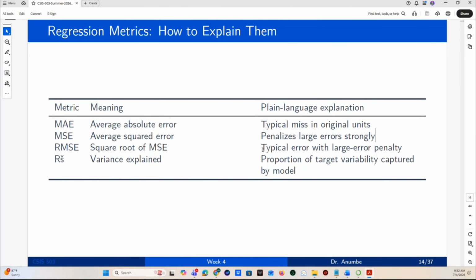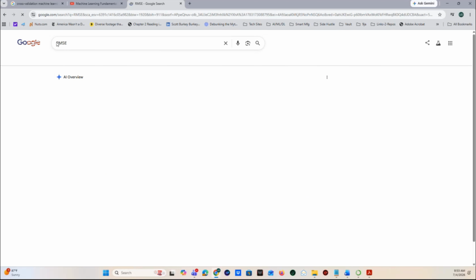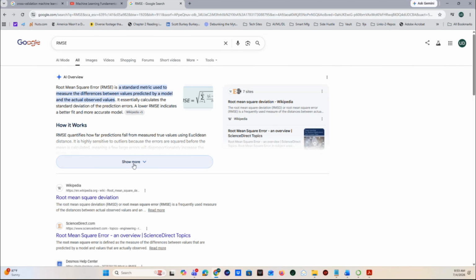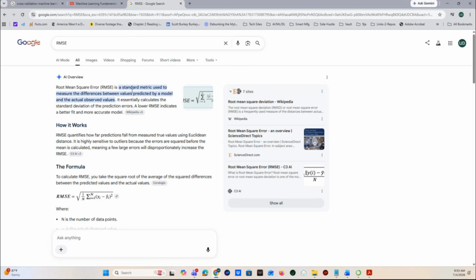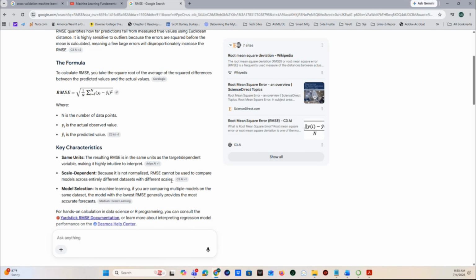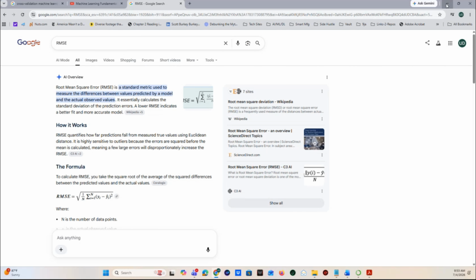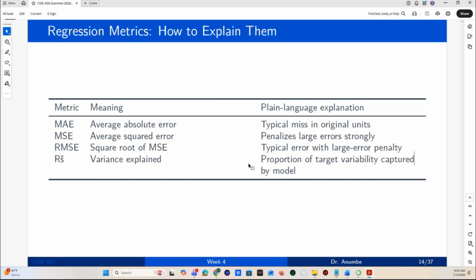RMSE here is the typical error with a large error penalty. Let's go look at what RMSE looks like, because it's just the square root. So this is what it is. I get all of that information and I take the square root of it, right? And again, if you want to know some more about each of these metrics, just take some time and go do some reading on it.